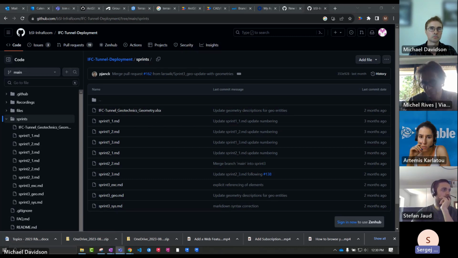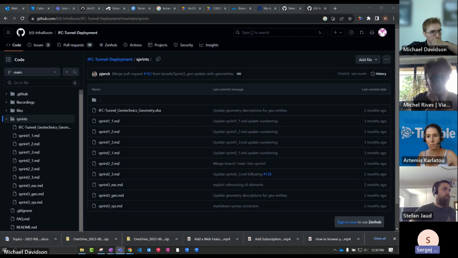One remark though: in IFC, geometry and semantics and topology and groupings and stuff like that are completely separate. So geometry is basically a resource, and it cannot exist by itself. It has to be attached to something that has a GUID, and geometry by itself doesn't have a GUID at all.